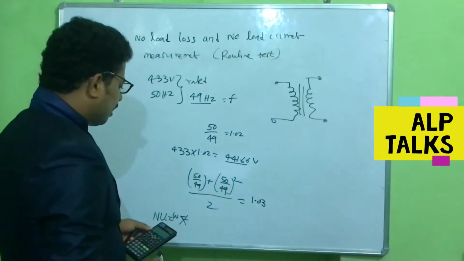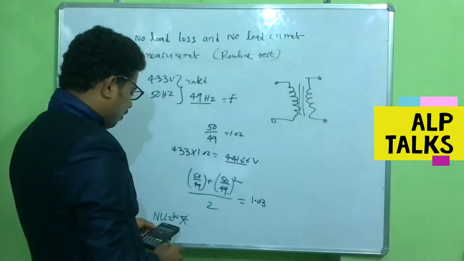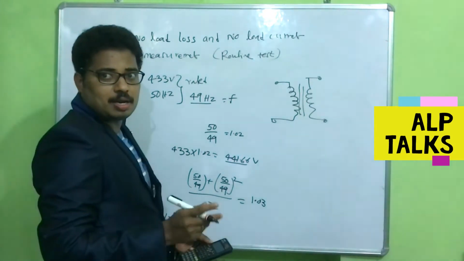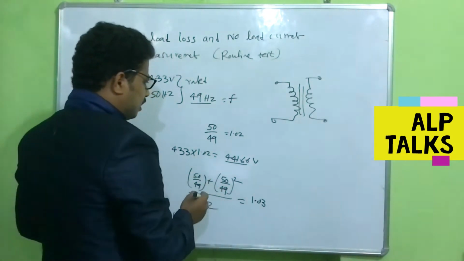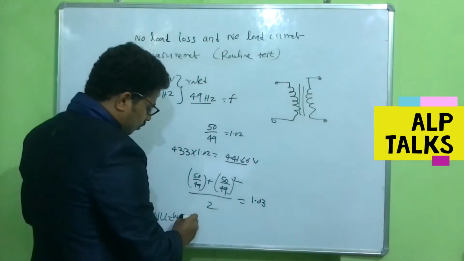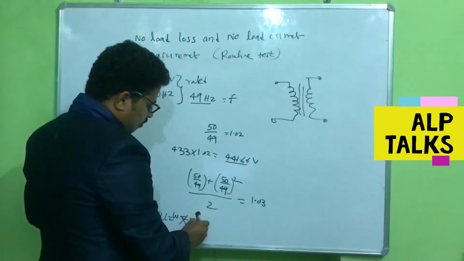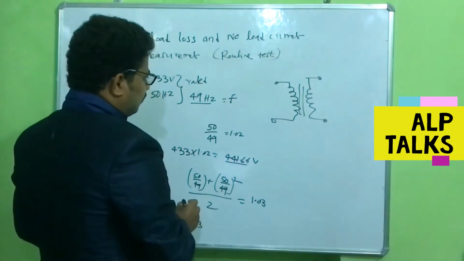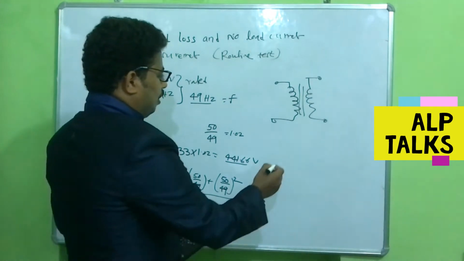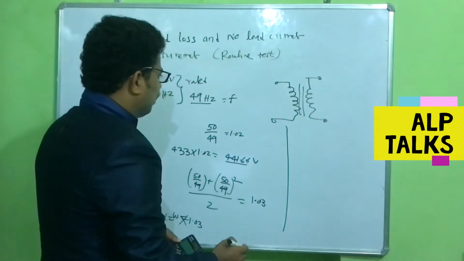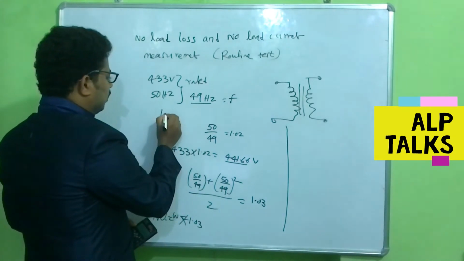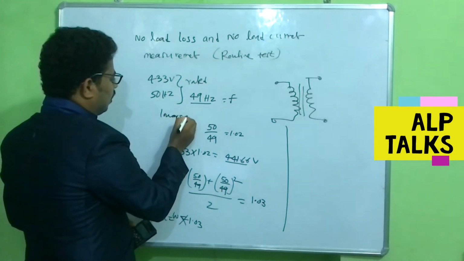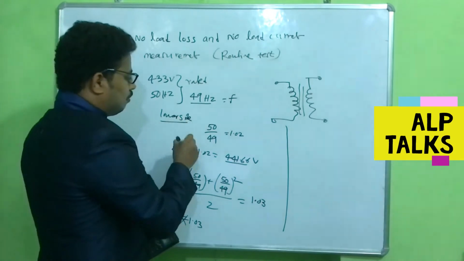It means whatever the no load loss we measured through wattmeter, that number we should multiply with 1.03. This is for one side, I mean for frequency lower side. So whenever we have a frequency on lower side, this is the procedure.